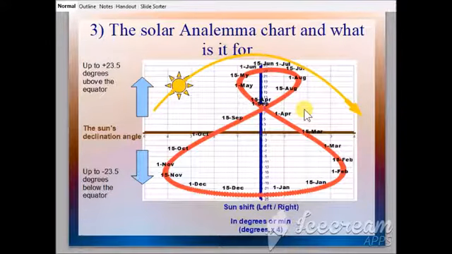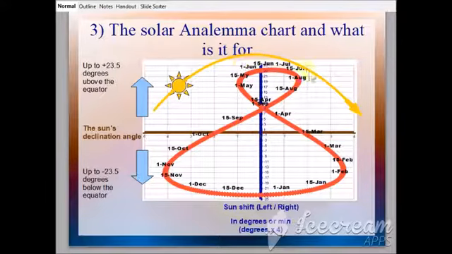The other thing is, if you know that on the 15th of June your local solar noon is 12 noon exactly, and it's the 15th of September, then at 12 noon, when you're looking south, the sun would be here, 1 degree earlier.